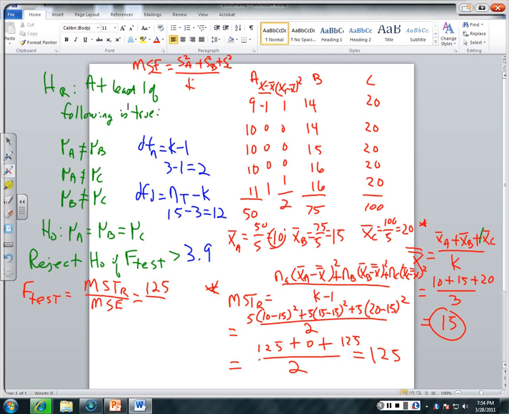That's 2. So I would normally put this right down here, okay? I'm going to put it over here. S squared A is equal to the sum of the squared deviations divided by n minus 1.